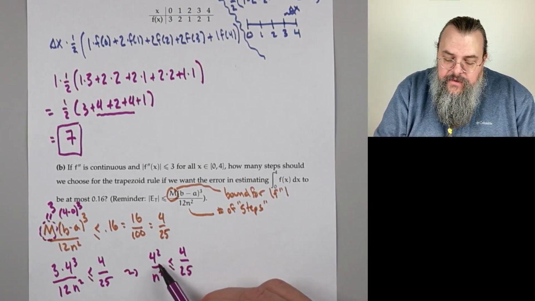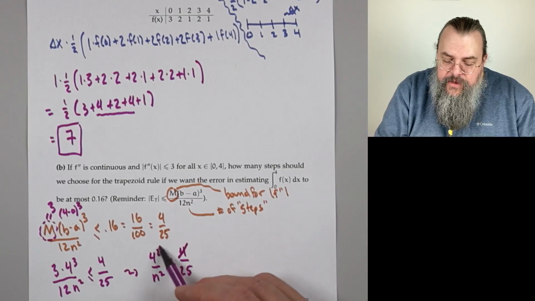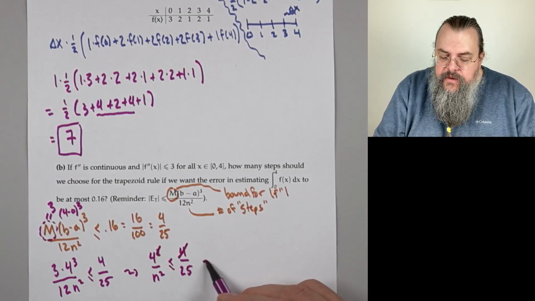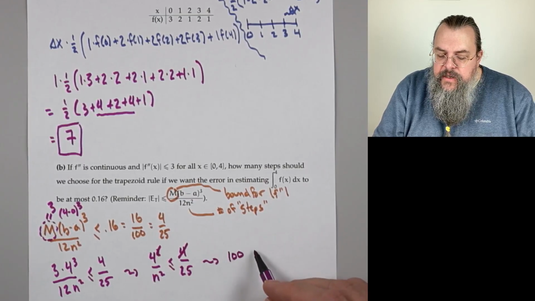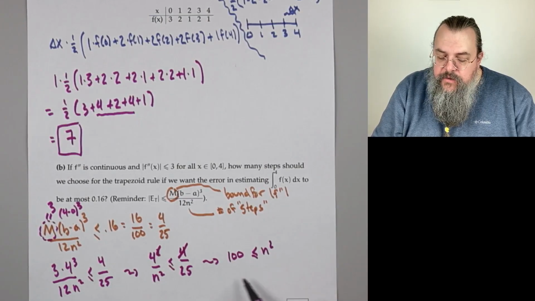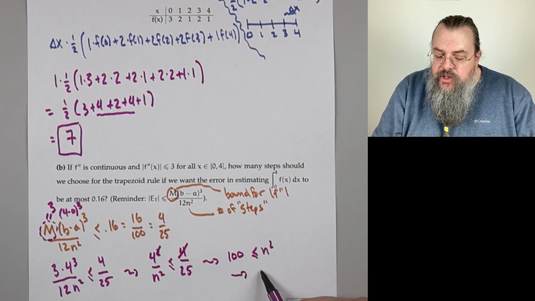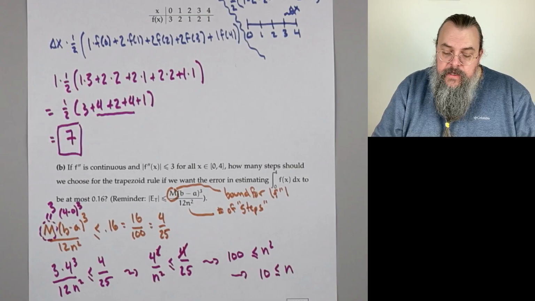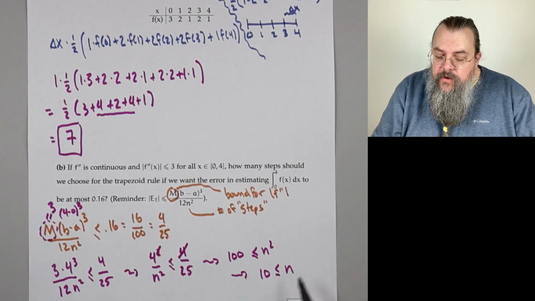Notice how I have a 4 squared and a 4. So this becomes 100 needs to be less than or equal to n squared, or taking the square roots, we need that 10 needs to be less than or equal to n. All right, so that's our answer.